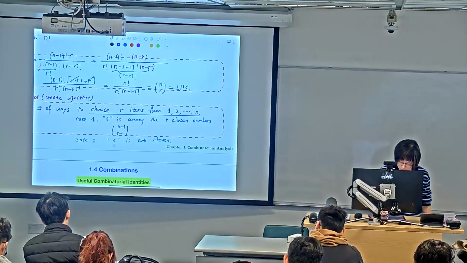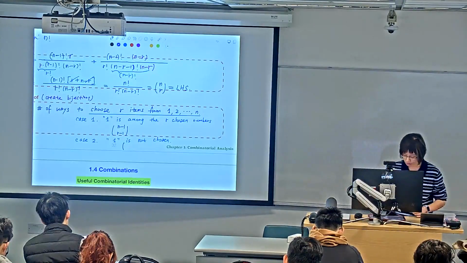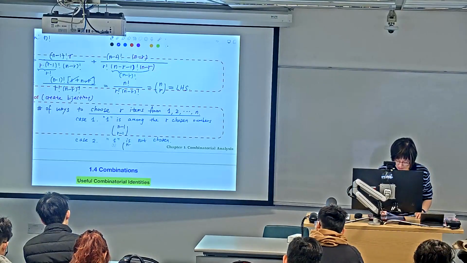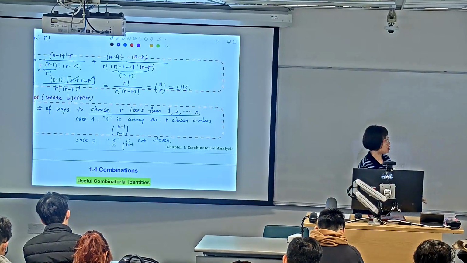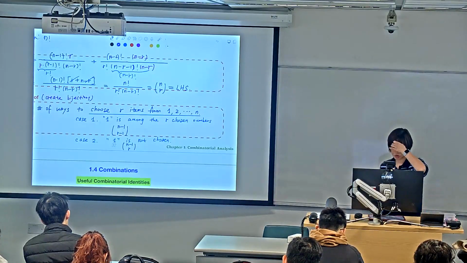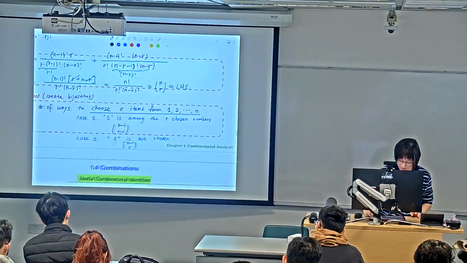So we are not going to choose 1 among our atoms. So we have only n minus 1 numbers to choose from. We choose from 2 to n, and we choose r numbers out of them. So it's n minus 1 choose r. So basically, we are counting the same thing.